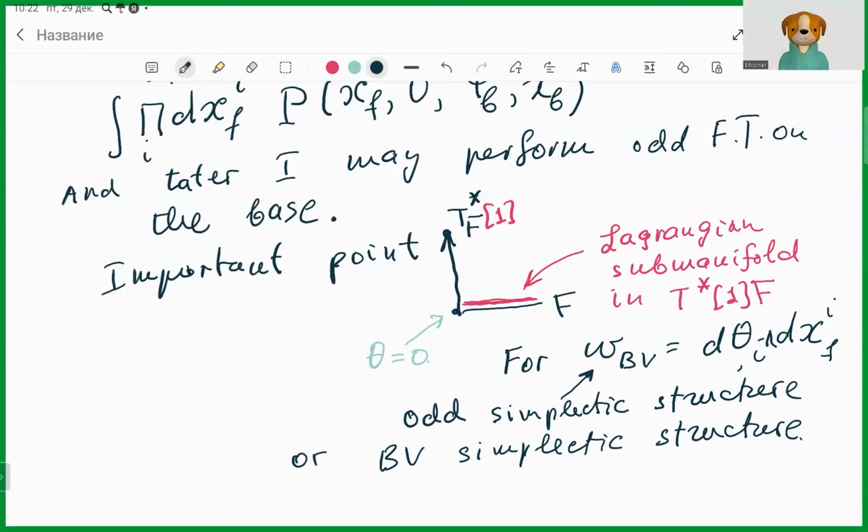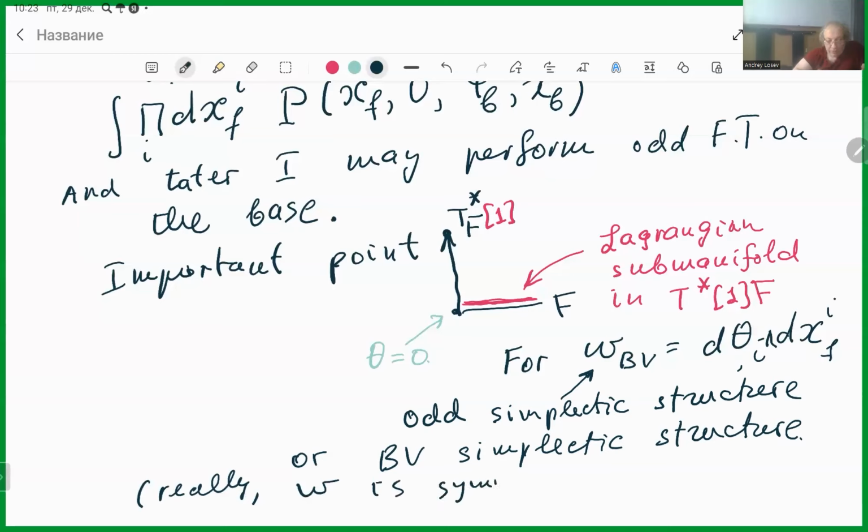And this omega is actually symmetric? Is that right? Yes, omega is symmetric. Really, it's a good point. So it is a super world.